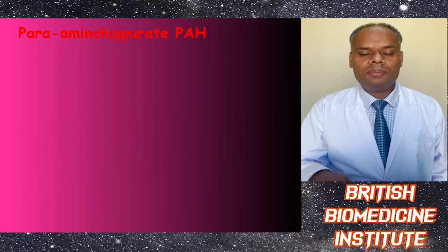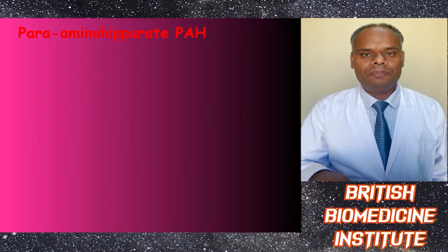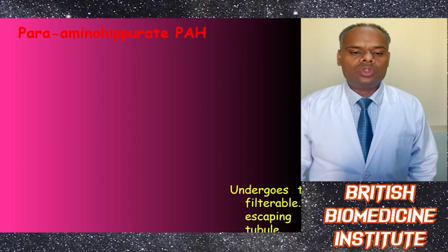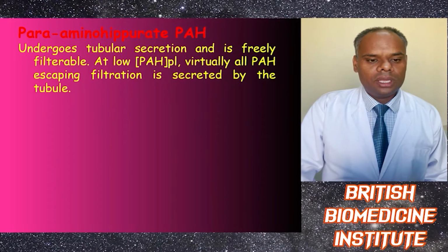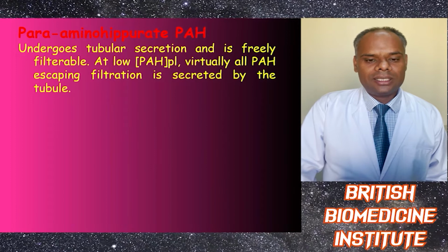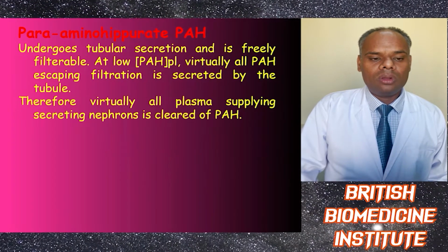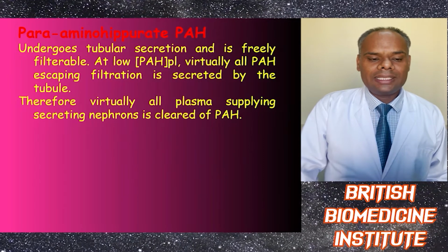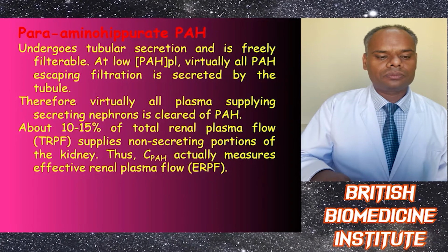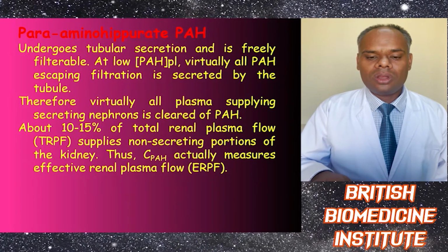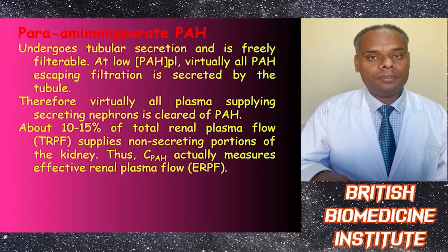So now comes PAH, para-aminohippurate. It undergoes tubular secretion and is freely filterable at low PAH. Virtually all PAH escaping filtration is secreted by the tubules. Therefore, virtually all plasma supplying secreting nephrons is cleared by PAH.